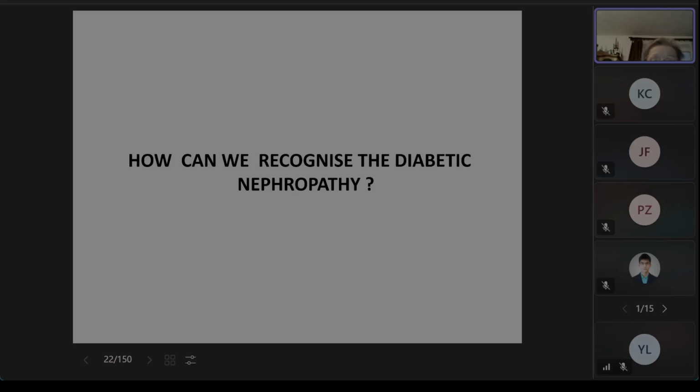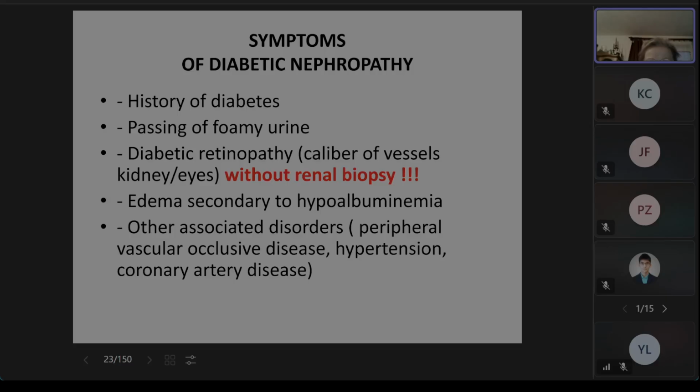How can we recognize diabetic nephropathy? First of all, the history of diabetes is very useful. It must last at least 5 years or even longer, especially in diabetes mellitus type 1, where it must be at least 10, 15 years of duration.